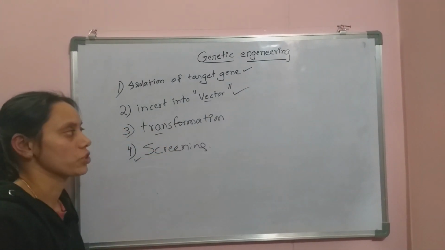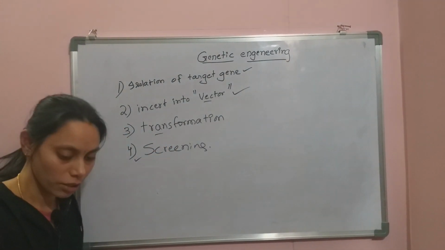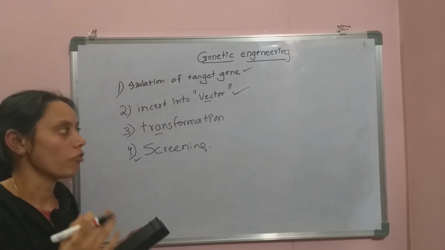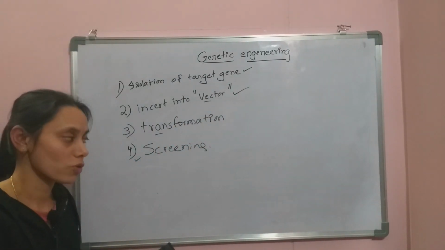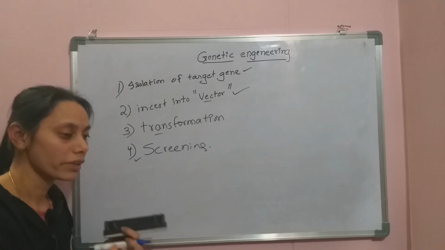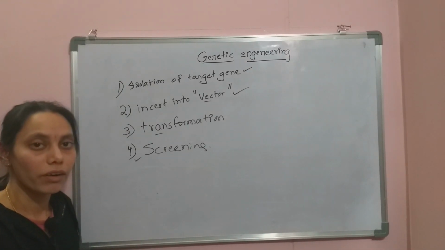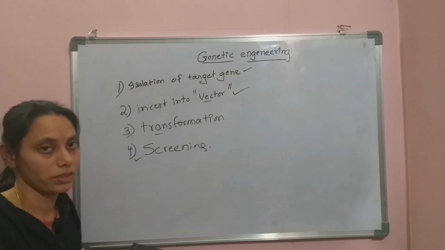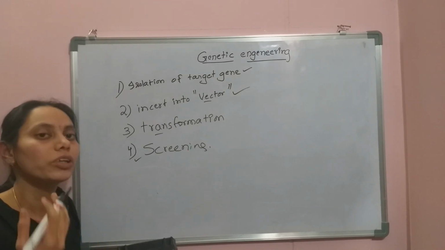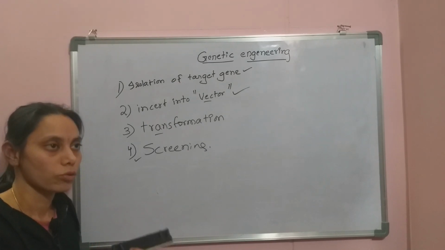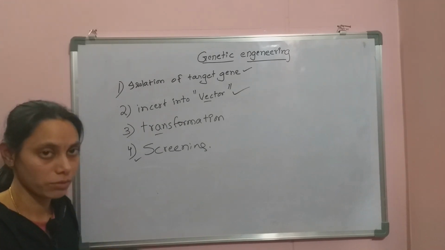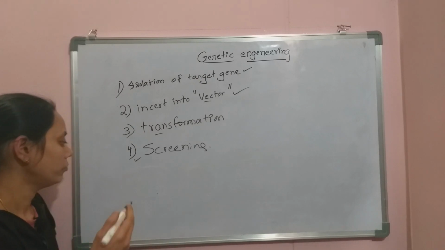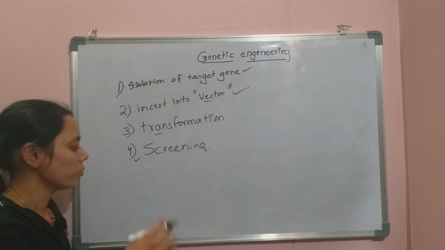Transformation is nothing but the process of introducing this recombinant vector into a host cell. As we already discussed, living organisms or live cells are not ready to take up foreign DNA. So we need to make the host cell compatible. So we need to make it competent.